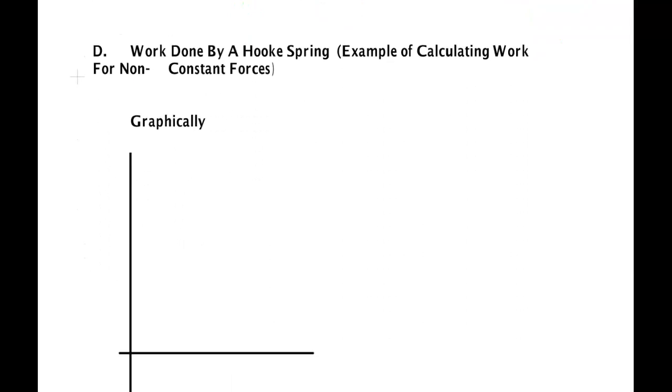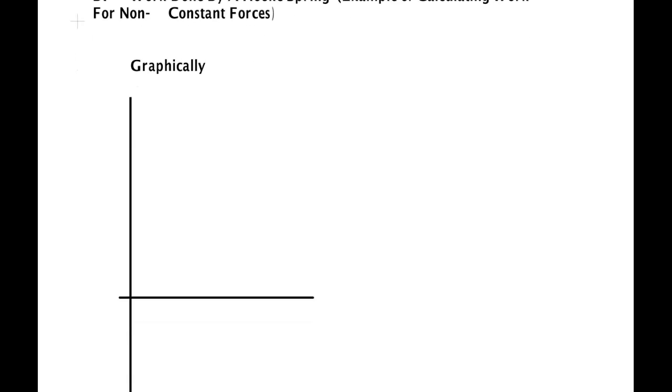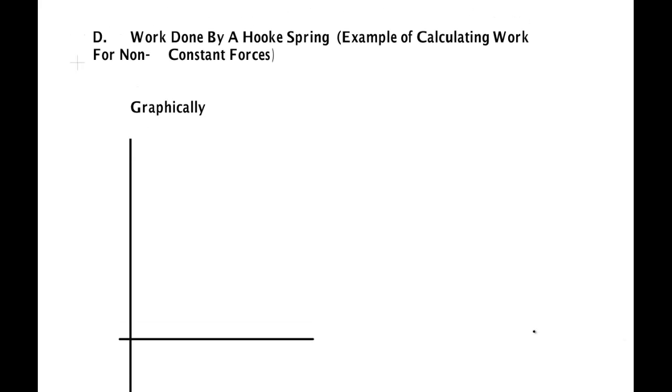Now, the next thing to do is get back to our discussion about work. So let's go back to our problem of finding the work done by a Hooke spring. So let's assume we had a spring here, and I've got a spring attached to some sort of a block.